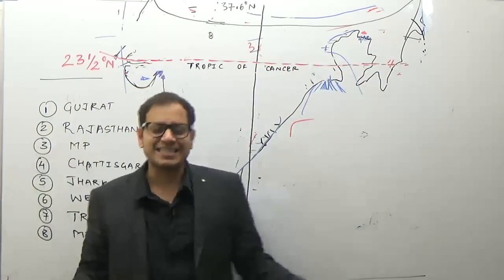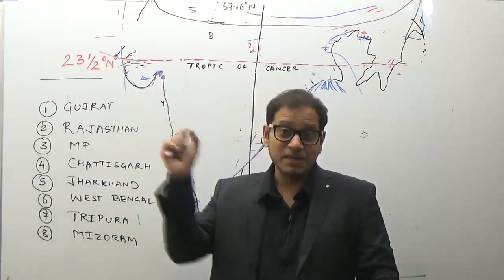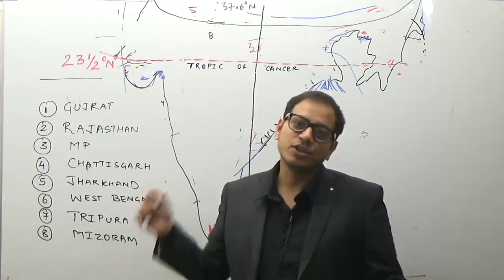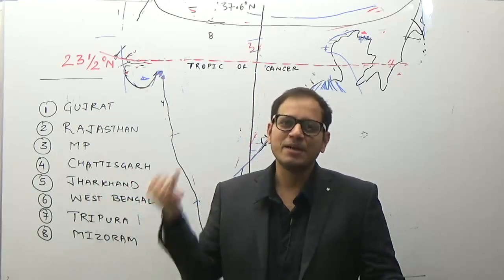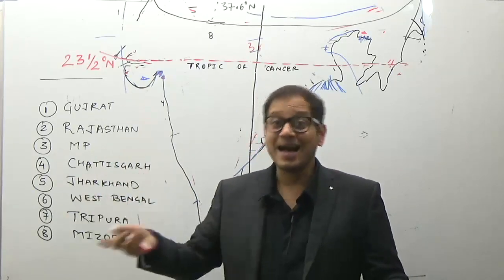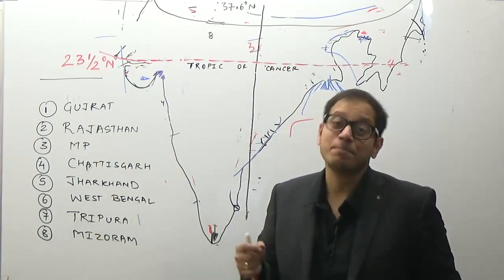So the 8 states, learn with me again: Gujarat, Rajasthan. Remember, a small extension of Rajasthan in the south is why the Tropic of Cancer passes through Rajasthan. After that it's very simple to remember: Madhya Pradesh, Chhattisgarh, Jharkhand, West Bengal, Tripura and Mizoram. So these are the 8 states through which the Tropic of Cancer passes.